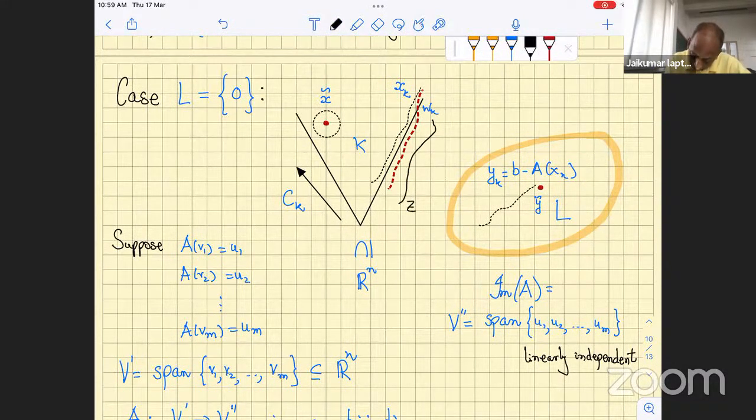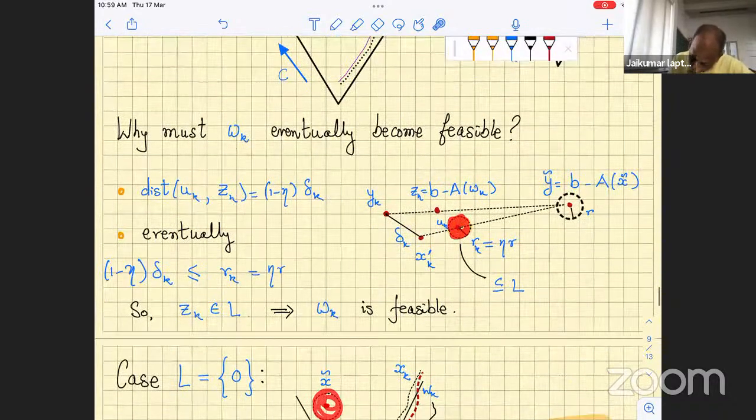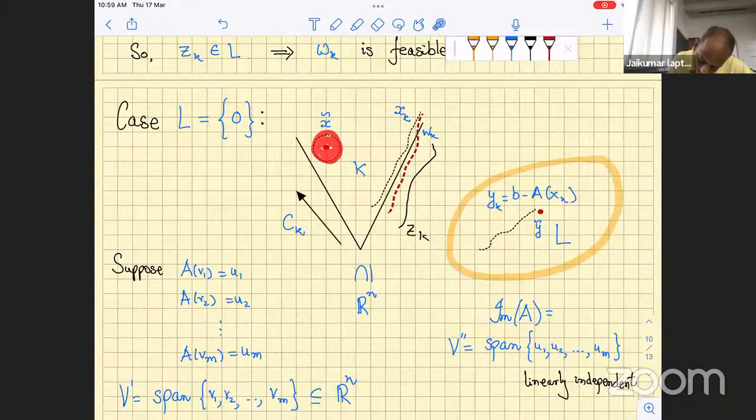Yeah, these were zk's, and I took a convex combination of x tilde and the zk's to get some points. Those were these red points, and I'm claiming that those red points will eventually get inside, and the reason is very similar because there is a ball here. You remember that ball is what saved us here. Okay, a similar role will be played by this ball.